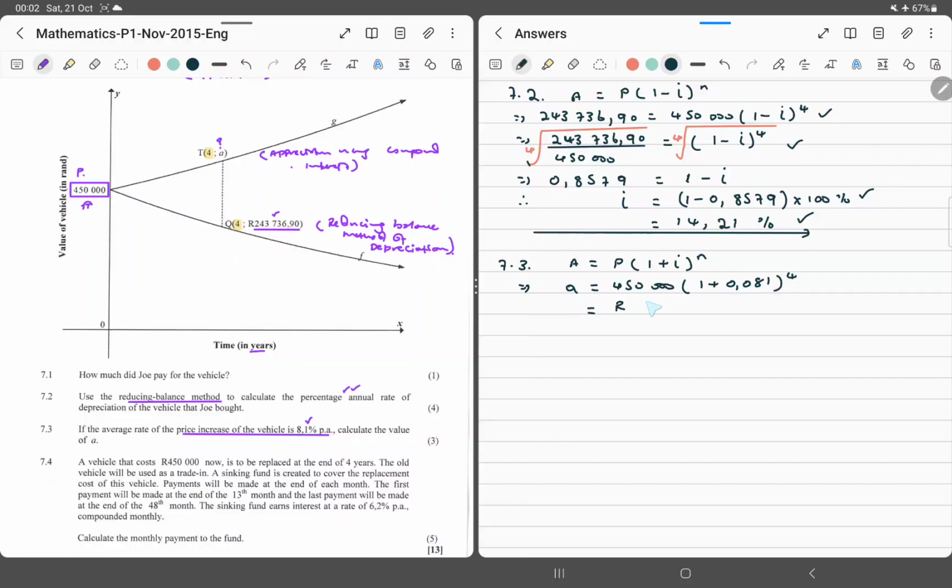So this is basically 614,490.66 cents. Okay, all right, okay. So that's quite a lot of money.